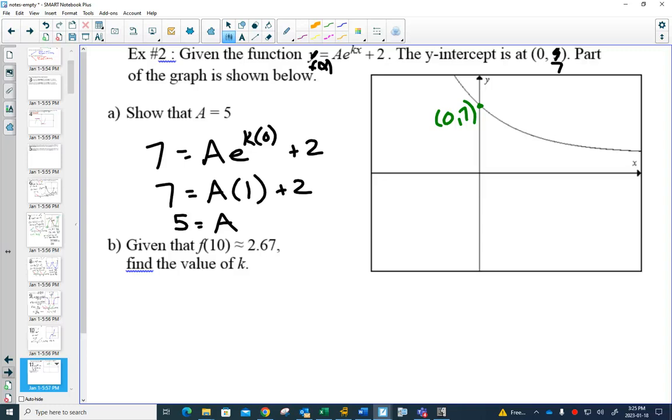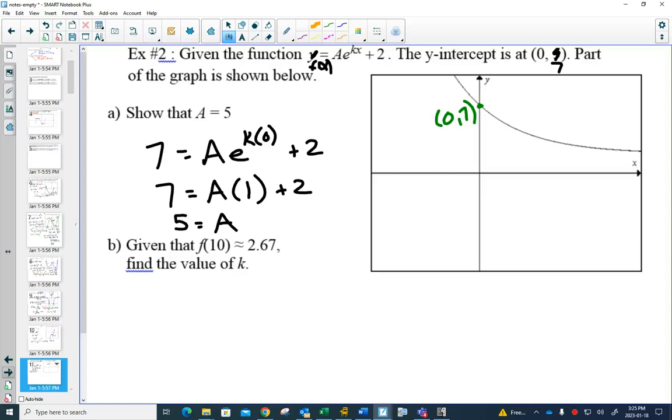I think part A is a good example of when you initially read a question, your brain probably says, I have no idea how to show a is 5. That might happen to you often when you see an IB question, because they like to make problem-solving questions.